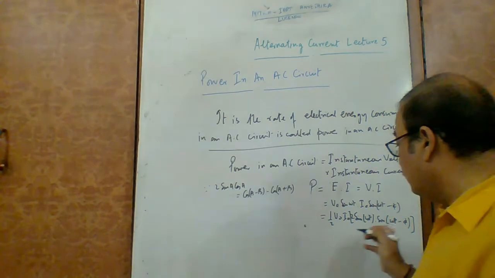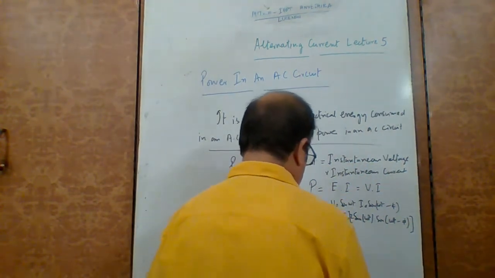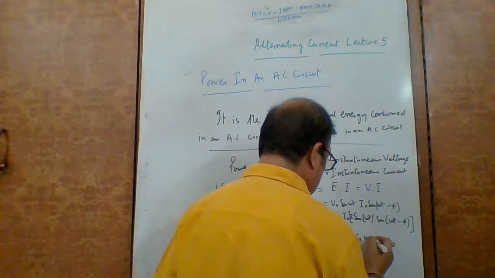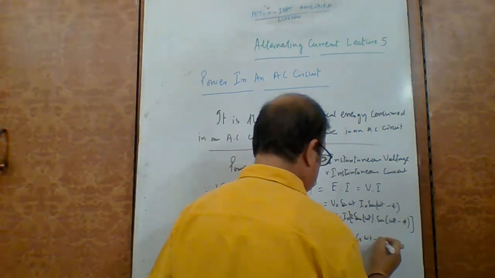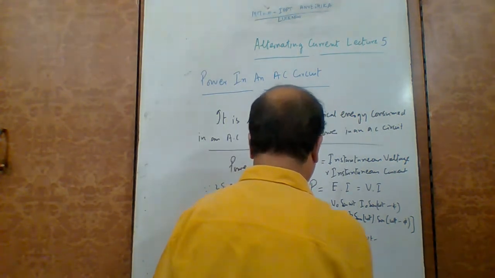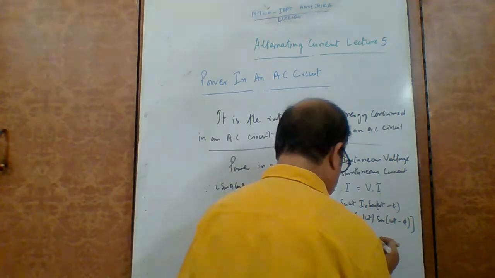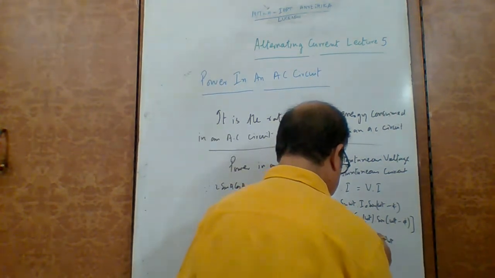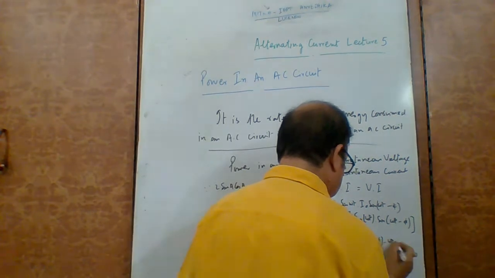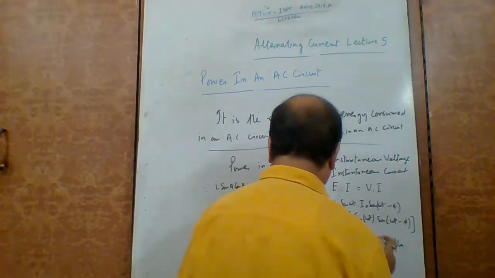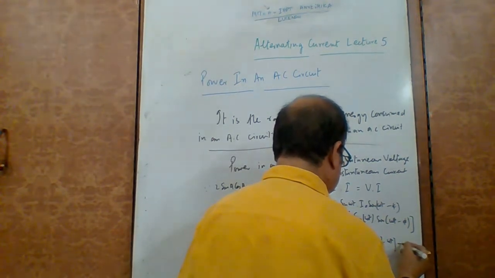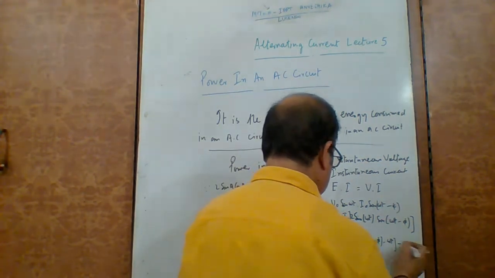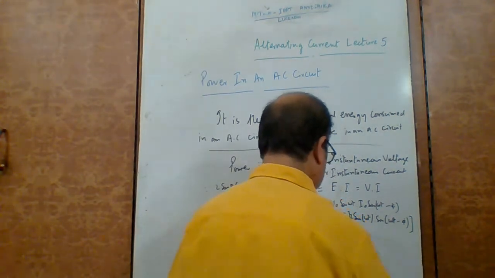So if we apply the same formula over here, we get half V naught I naught cos of omega t minus, sorry, some confusion was there.